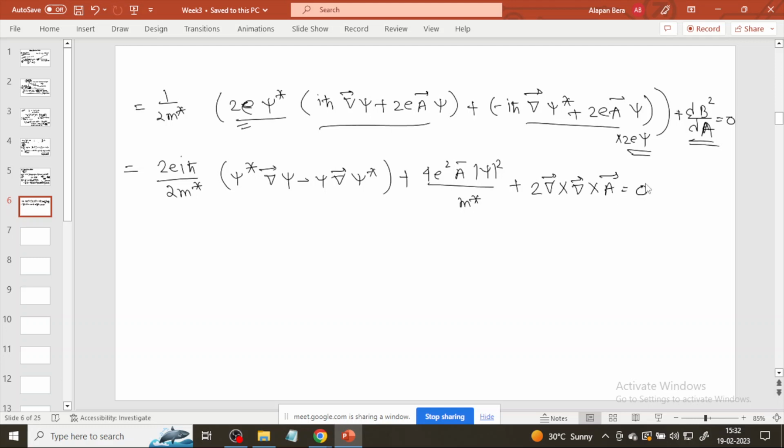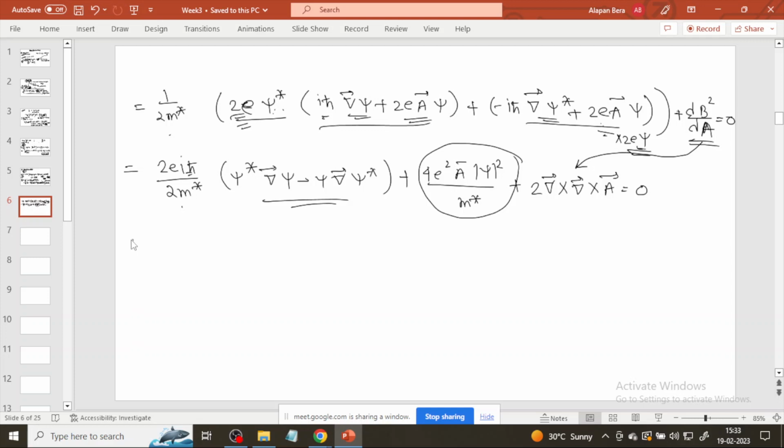I will prove this in a minute. For now, let's focus on these two terms. When we simplify them, psi star delta psi and psi delta psi star go here, and their outside terms come here: i h cut, 2e and 2m star. These two terms add up and give us this term, and this term gives us this term.